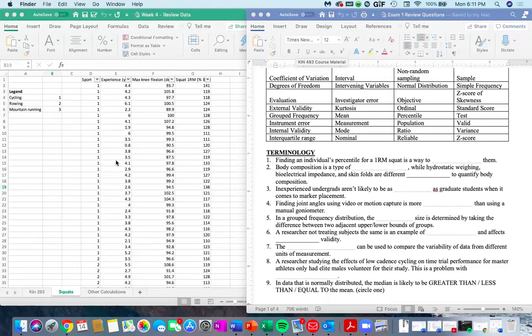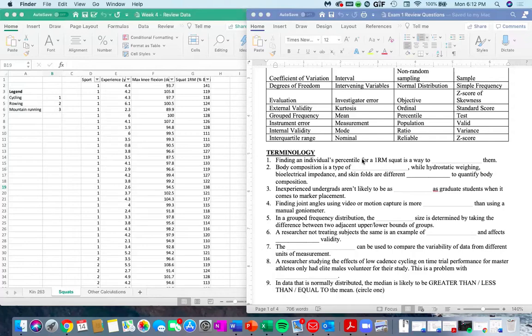The 1RM squat could be a measurement in the test, in the sense that we're looking at how much weight they could lift. The squat itself is a test, but if we're looking at an individual's percentile, that's the key focus of this one.